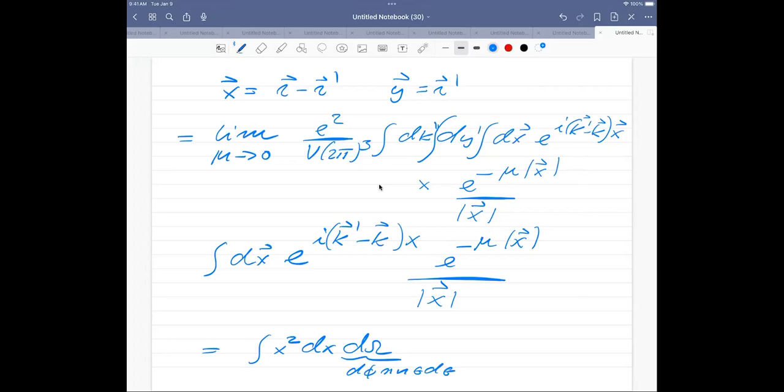So that gives us two more variables, an integral over dφ and dθ. I can then rewrite this as e^{i|k−k'| |x| cos θ}, multiplied with e^{−μ|x|} divided by x here, like that.